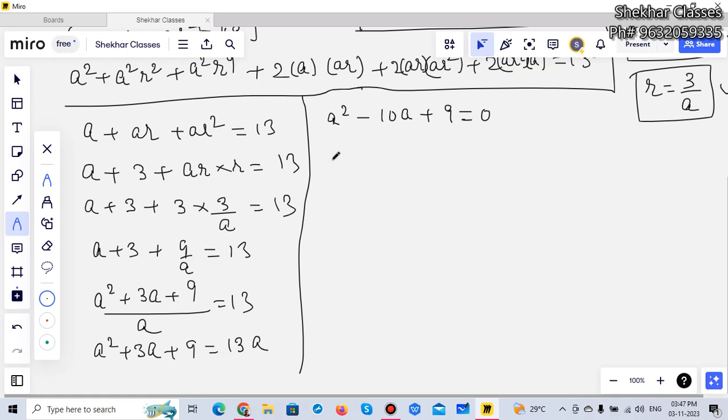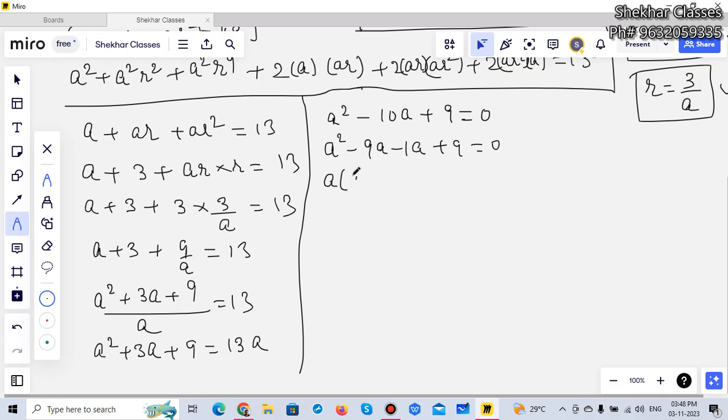So you have to think of a number whose product will be 9 and sum will be minus 10. Can you think of a number? Just 1 second. Yes, we got a number here. So it will be 9 into 1: A square minus 9A minus A plus 9 is equal to 0.